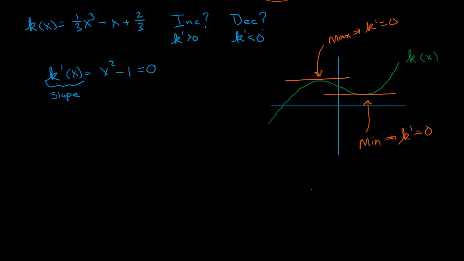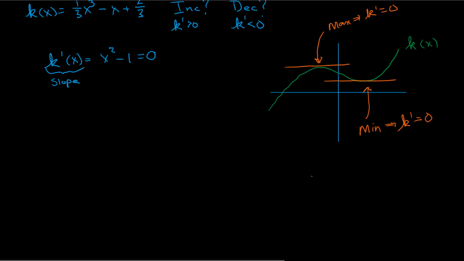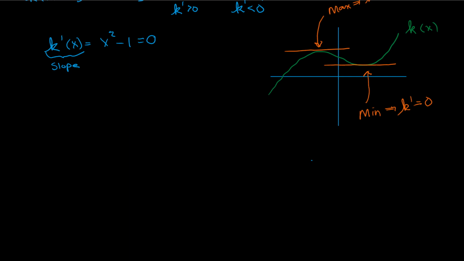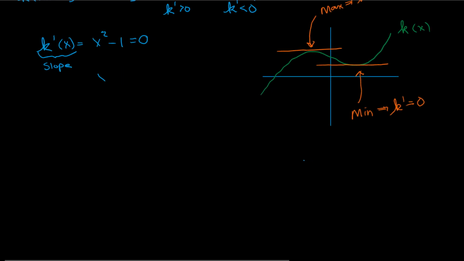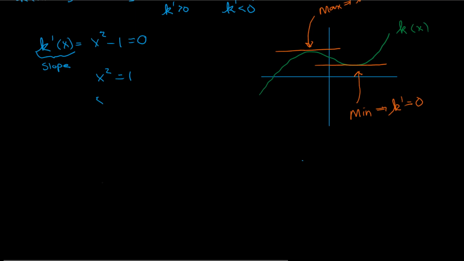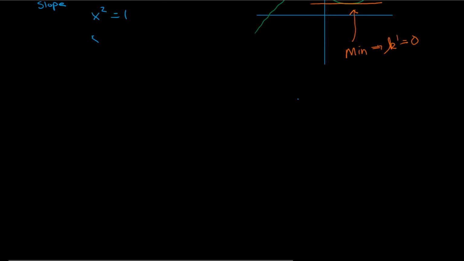Just a thought. Okay, so as we go about solving this, we're going to have x squared equals 1. Taking the square root, we get that x is equal to plus or minus 1.